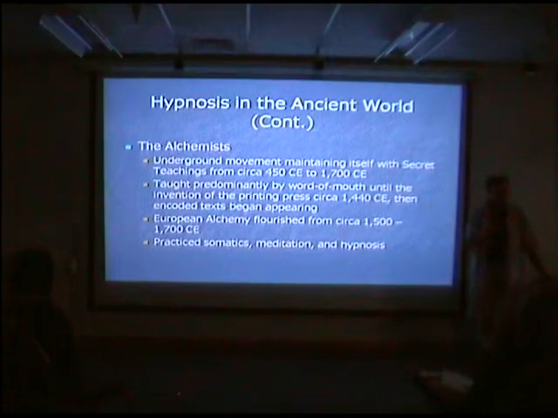We see them emerge into the open again right around 1500 CE. And from 1500 to 1700 CE, we have just hundreds of alchemical texts that were printed and published and distributed across Europe. So we have access to that information as well.